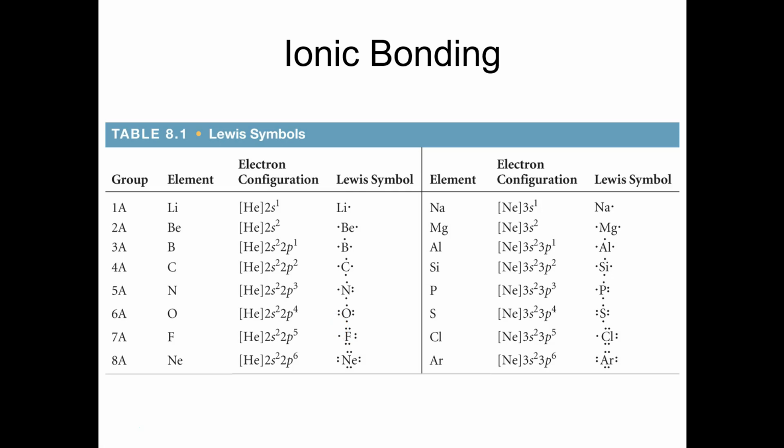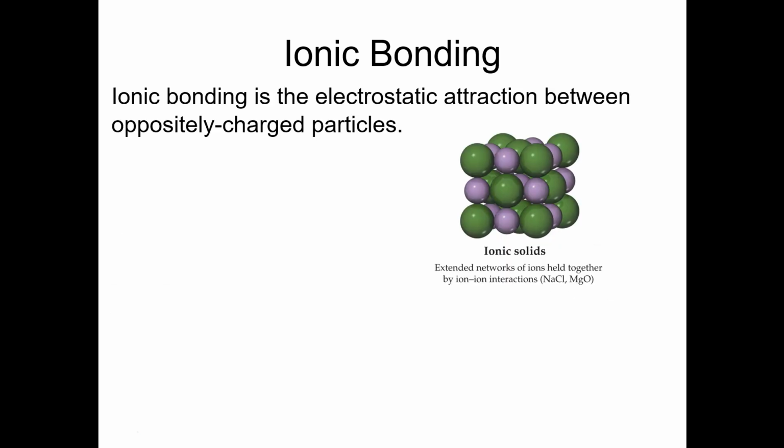Now, thinking about having actually ionized to form a cation or an anion, respectively, we want to think about what is actually the nature of an ionic bond. Ionic bonding is just the electrostatic attraction between oppositely charged particles.